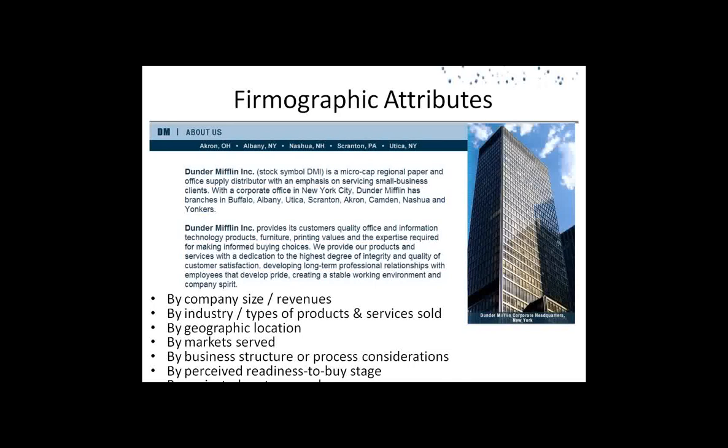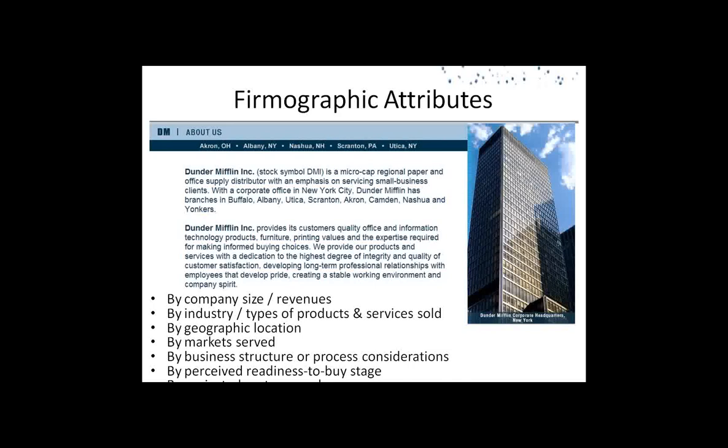But so you can look at industry types, you can look at geographic location, and actually you can do that by IP address, right? That's about the only thing IP address up until now would tell you, what zip code they are coming from. And you can look at market served, and there are other considerations, like business structure. Maybe that's important. Is it a franchise?